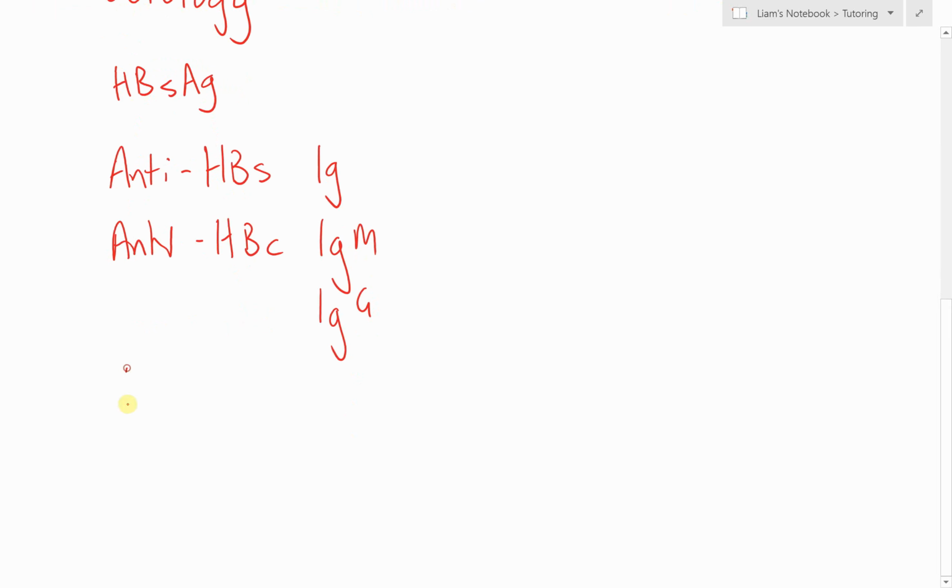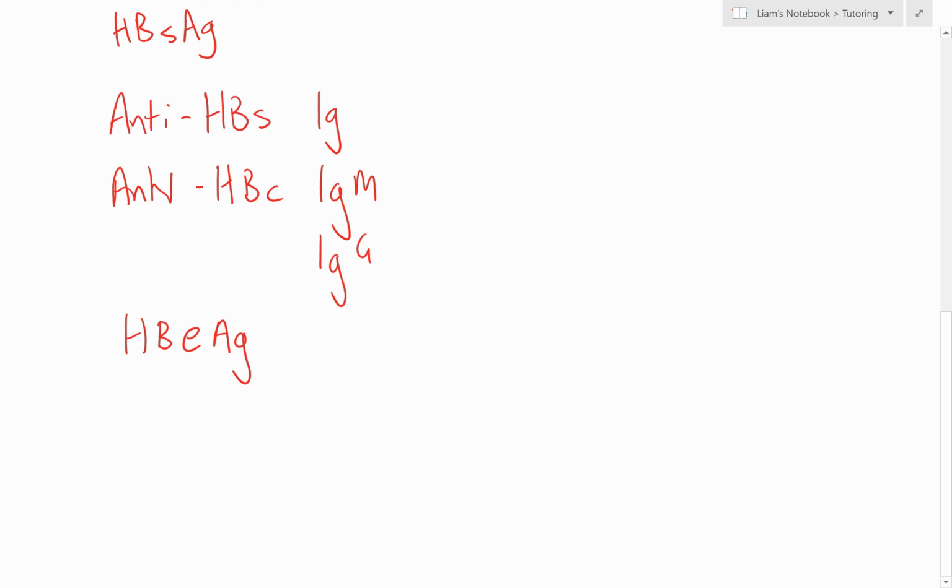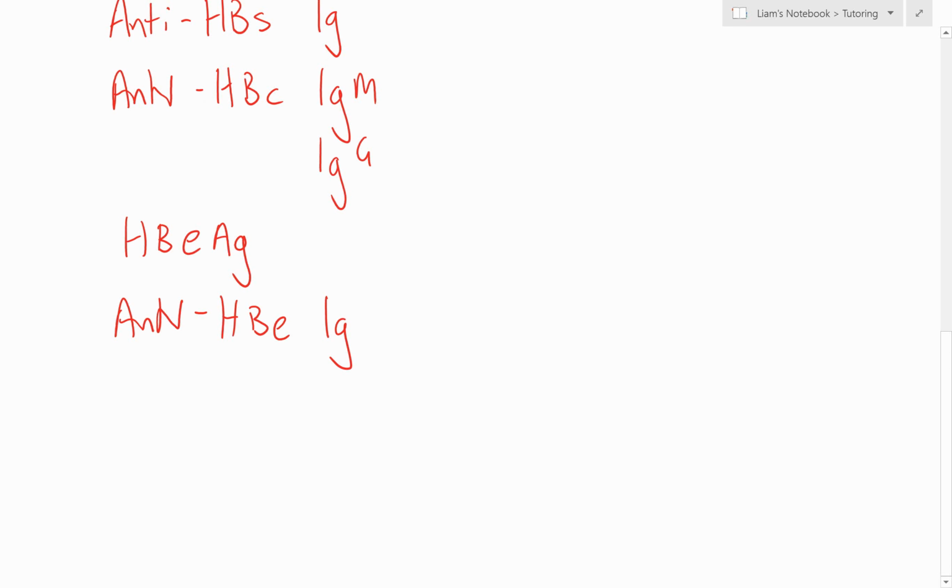We'd also look at the hepatitis B pre-core antigen. We'd then also look at anti-hepatitis B pre-core immunoglobulin. And lastly, we'd do a hepatitis B viral DNA titer. What that's doing is measuring the amount of hepatitis B DNA that's in the blood.